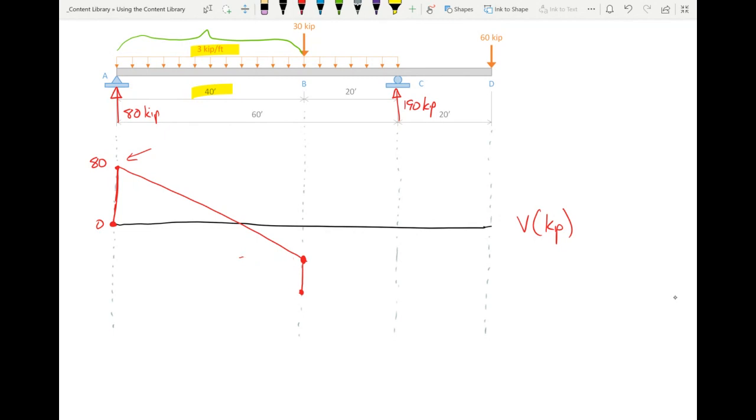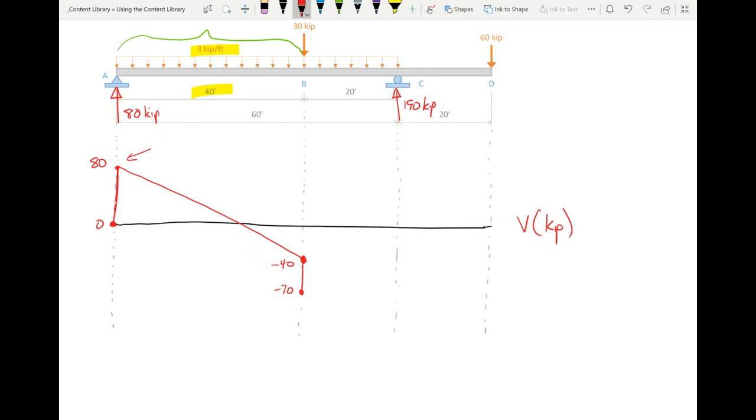This is -40, this is -70. Anywhere you see that distributed load, that's going to be a linear pick. Think about it like this: a concentrated load is an abrupt change in shear. You're putting 30,000 pounds right there at that one point. That's a sudden jump. But this 3 kips per foot is a more gradual change in shear, hence why it's a line like this.